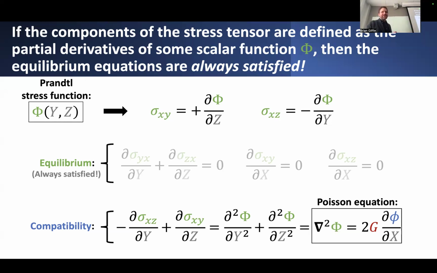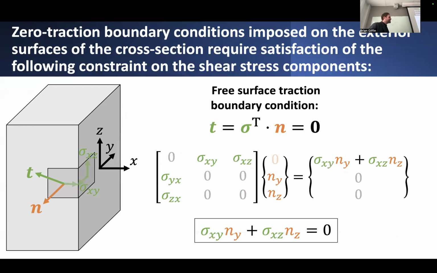Now, once you have this, and once you enforce a few extra conditions, in particular boundary conditions, we can go about solving for what exactly is this warping displacement field by first focusing on figuring out what is the distribution of shear stress that would result on the cross-section under these general torsional deformations that might include warping.